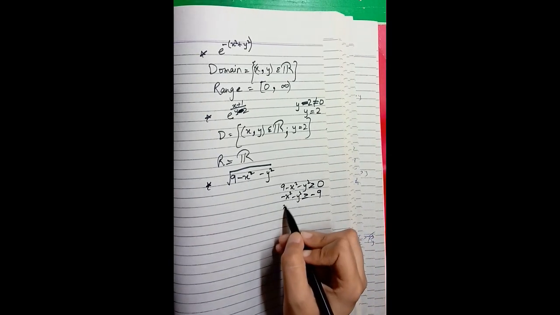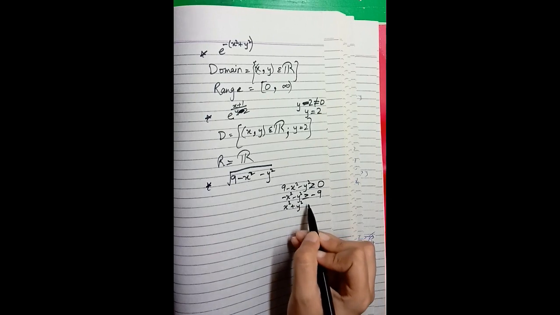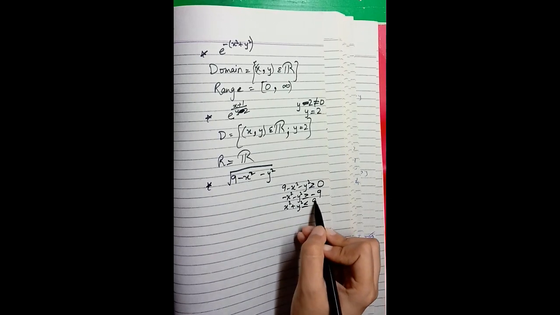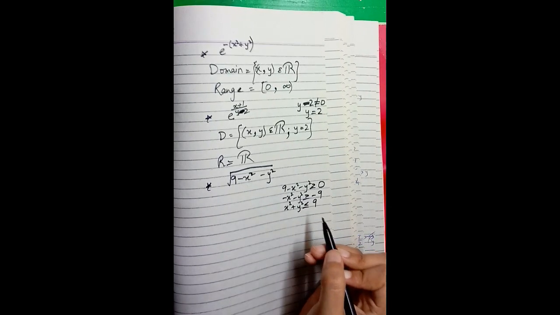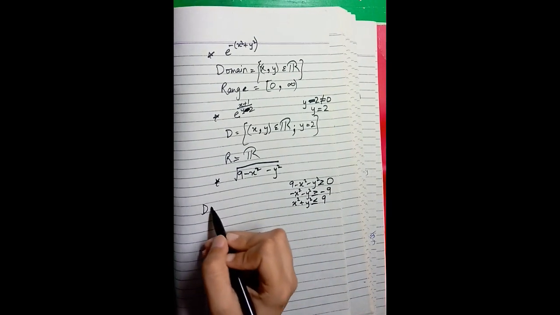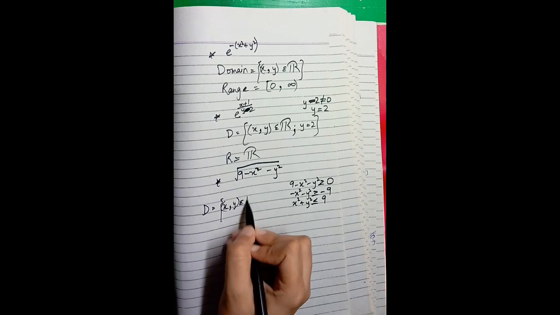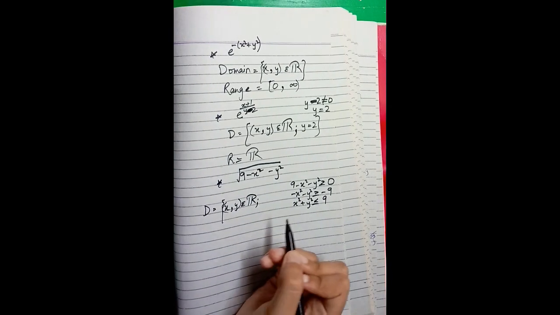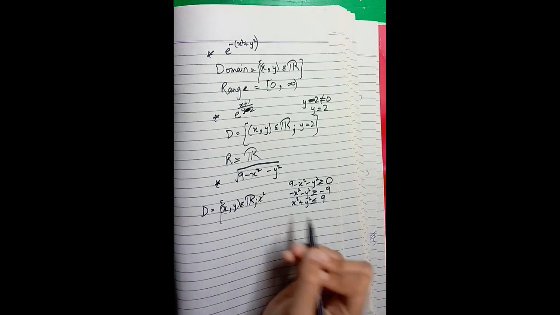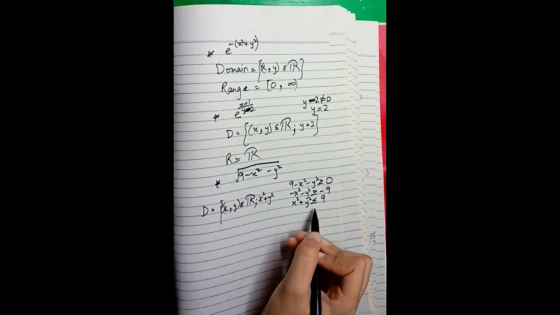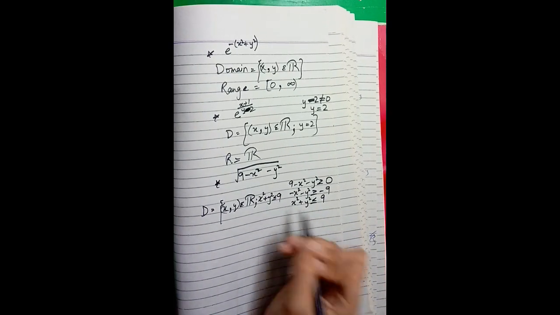By changing the symbol, x square plus y square should be less than or equal to 9. So this is our domain: x and y belong to real numbers such that x square plus y square is less than or equal to 9.